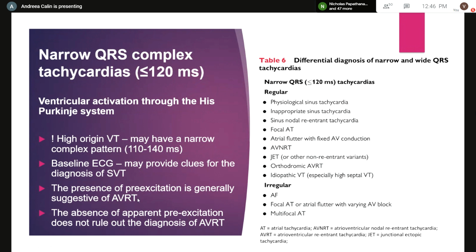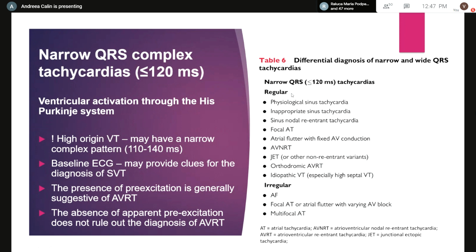But the absence of apparent pre-excitation on the ECG does not rule out this diagnosis, because this accessory pathway may be concealed. It may conduct only under special circumstances. So if there is no pre-excitation, it doesn't mean that the patient hasn't had an AVRT.